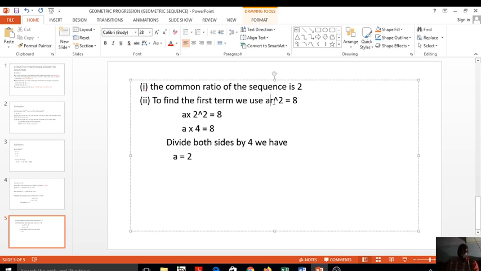But r we have already calculated: r is equal to 2, and 2 to the power 2 is 4, so 4a equals 8. To find a, you simply divide both sides by 4, and we get 2 as our answer.